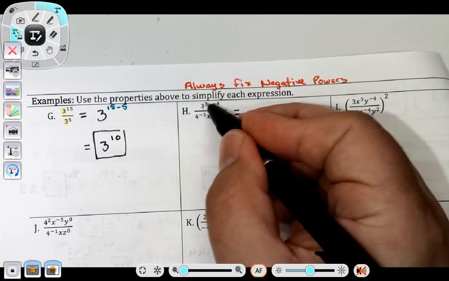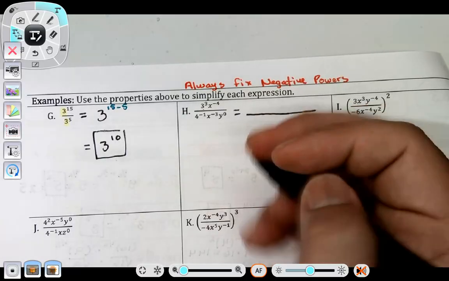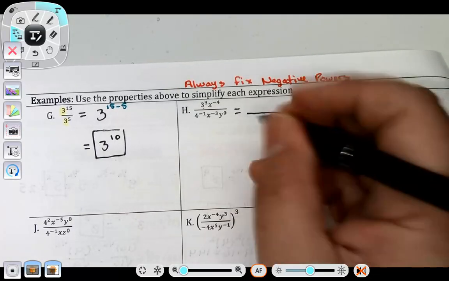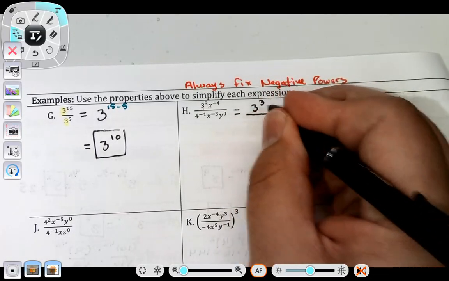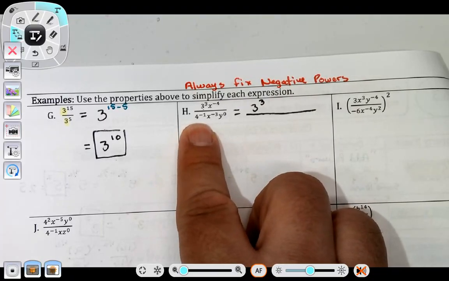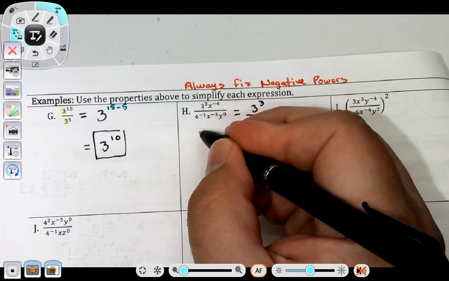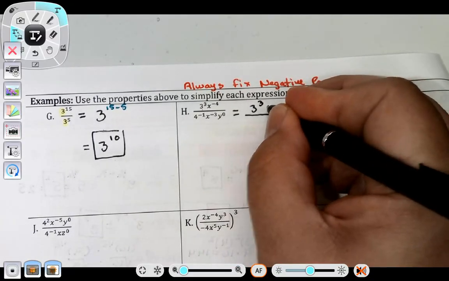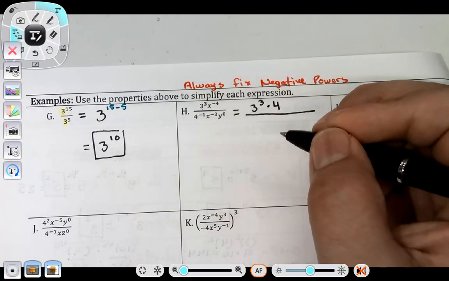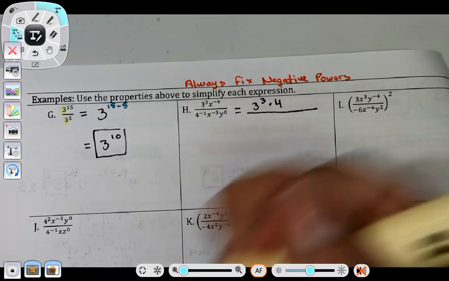All right, 3 to the 3. Does that have a negative power? No. What about the 4 underneath? I'm just taking care of numbers right now. Does a 4, so then where should the 4 go? On the top, so I'm going to go times 4. All you have to put is just little dots between them. Again, that took care of my numbers.